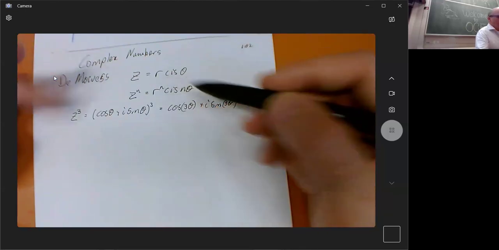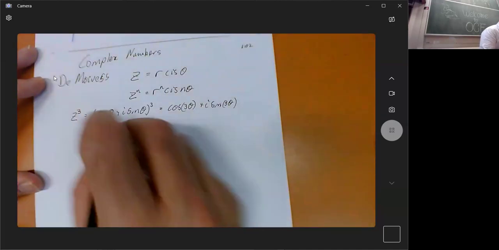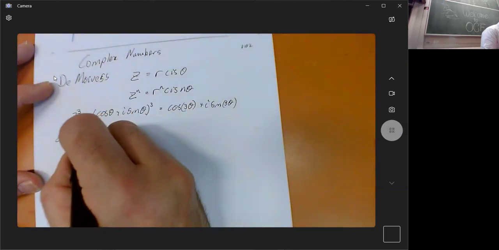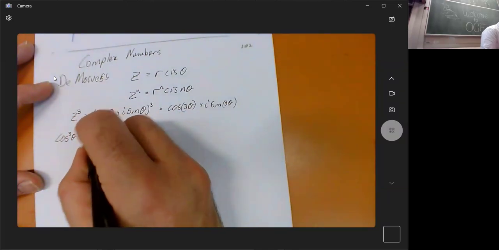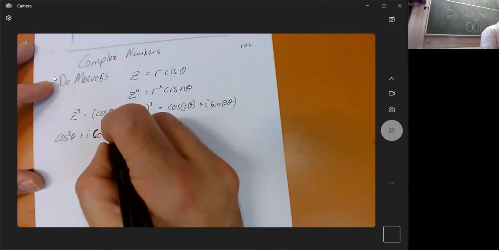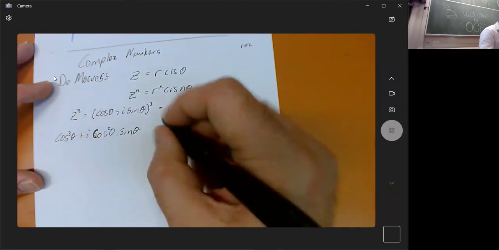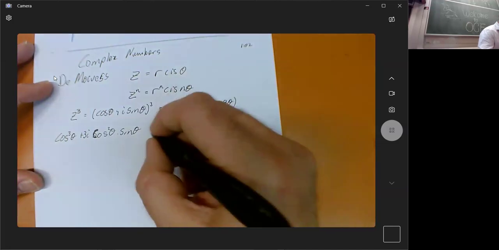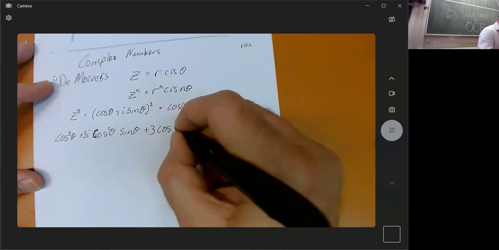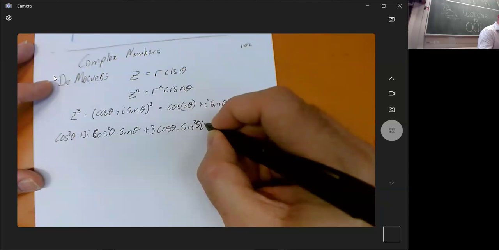I've made r 1. If I want to expand this out, I'm going to get cosine cubed theta plus i, cosine squared theta times sine theta, with the i taken out the front, and I should have put a 3 here, plus 3 cosine of theta sine squared theta i squared.